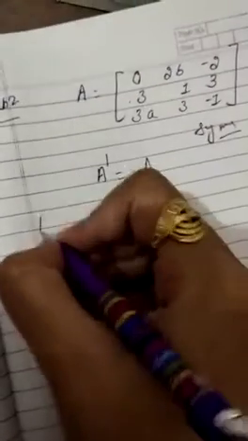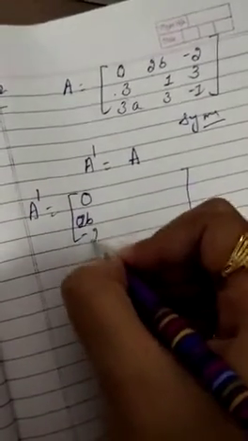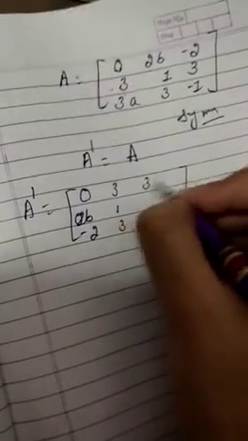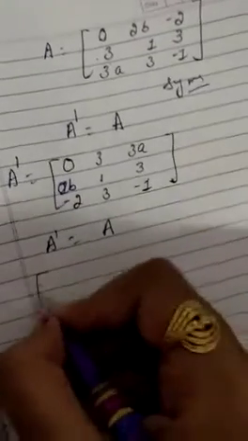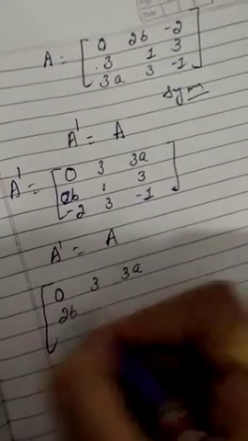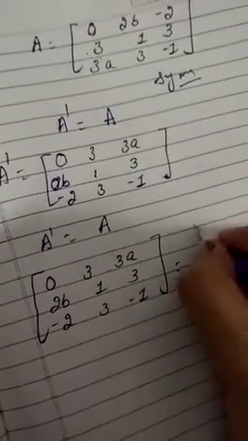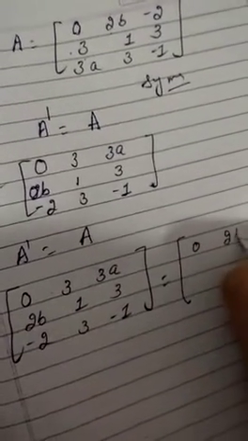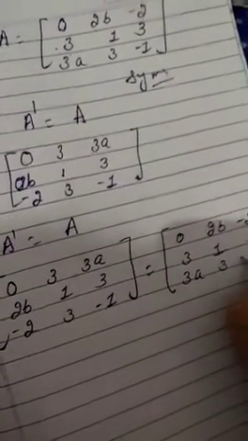First of all, I am going to find the value of A transpose. What is A transpose? Interchange the rows into columns. Our first row is 0, 2b, minus 2, so I am going to write it as a column: 0, 2b, minus 2, then 3, 1, 3, then 3a, 3, minus 1. Now A transpose is equal to A. So 0, 3, 3a, 2b, 1, 3, minus 2, 3, minus 1 is equal to the A matrix, 0, 2b, minus 2, 3, 1, 3, 3a, 3, minus 1.